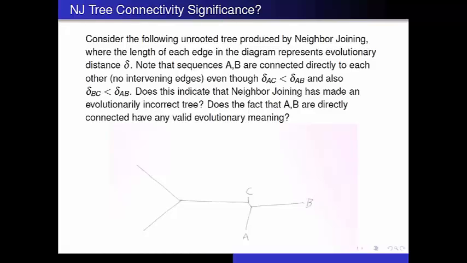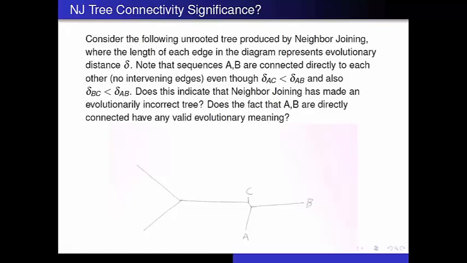Whereas if we placed it here, the implication would be that B and C branched from each other more recently than they did from A. Because if that's the MRCA of all three of them, then you can think of that as the root of that tree of three sequences.